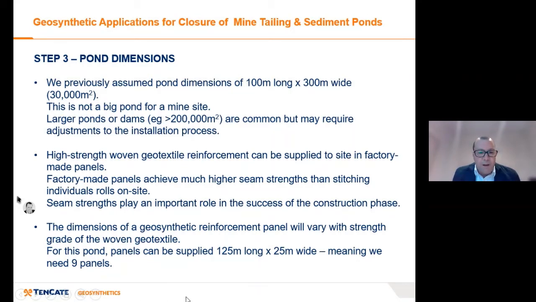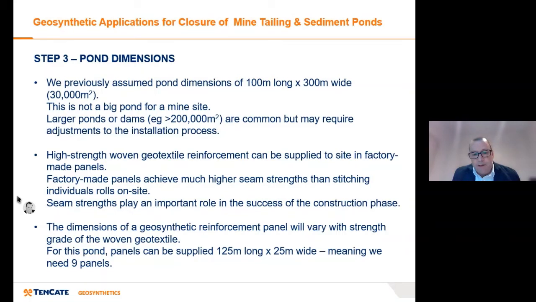We can supply high strength woven geotextile reinforcement in panels from the factory. The benefit of this is the seam strengths achieved in factory made panels are higher than on site, and seam strengths may play an important role later on, which we'll talk about during the construction phase.